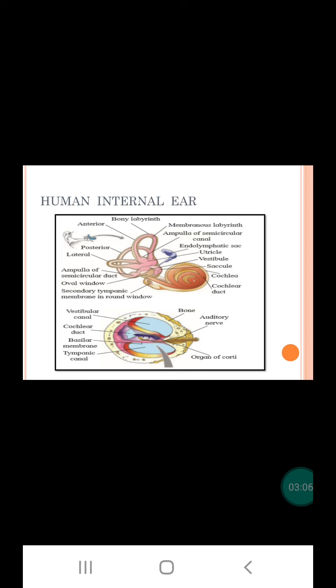Here in the figure you can see the bony labyrinth and membranous labyrinth. They are coiled structures, and there is the cochlea with the cochlear duct. The interior part shows the organ of Corti, vestibular canal, cochlear duct, basilar membrane and tympanic canal.